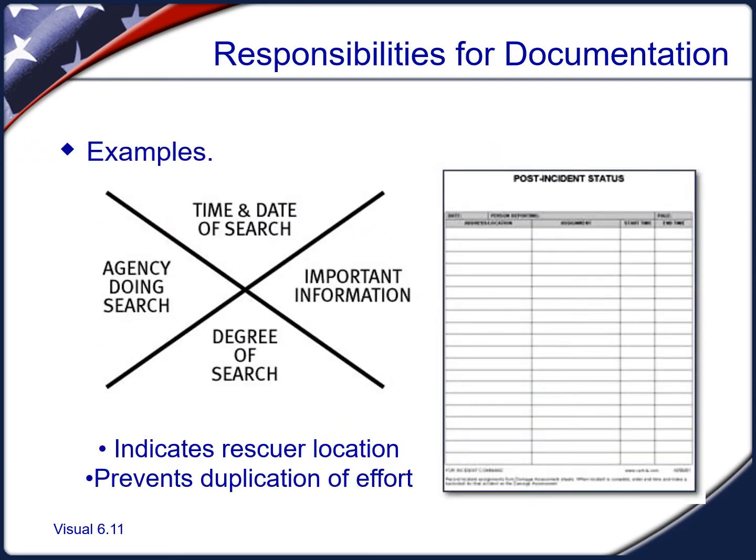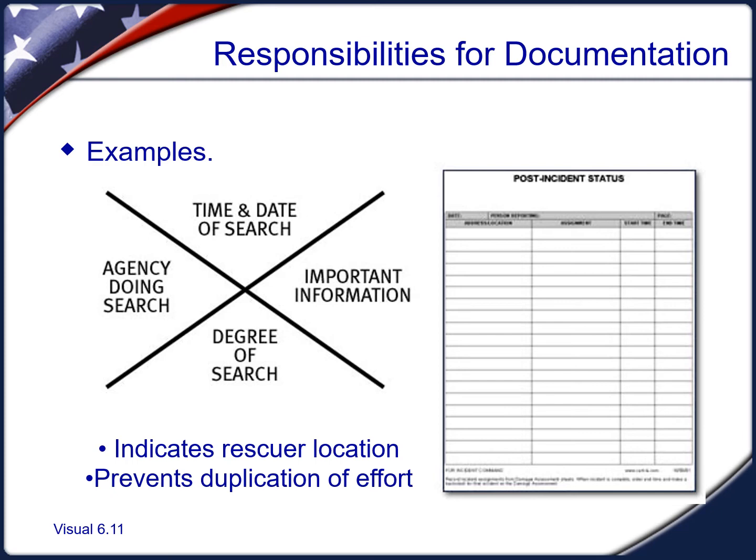So here are a couple of examples for documentation. Once a crew is assigned to search a building, one of the things they can do is put a large X on the outside of the building, either on the door or near the door. What that does is let other rescuers know that somebody is in there doing a search. Once they leave that particular area, they fill in the information.